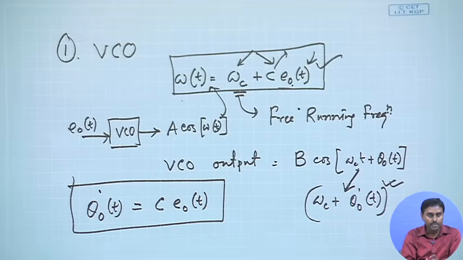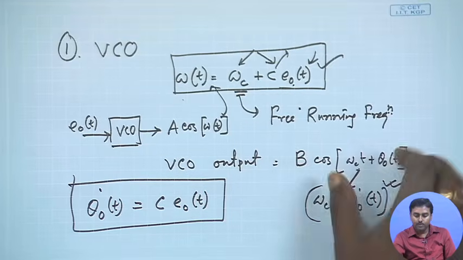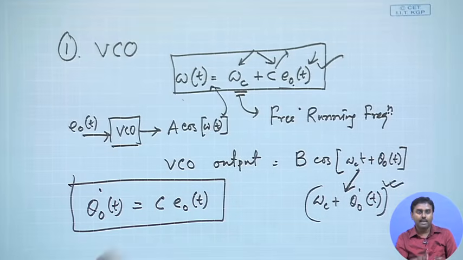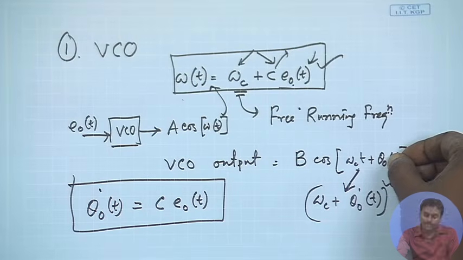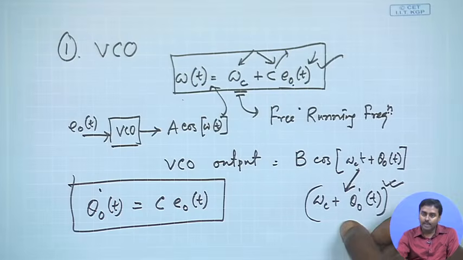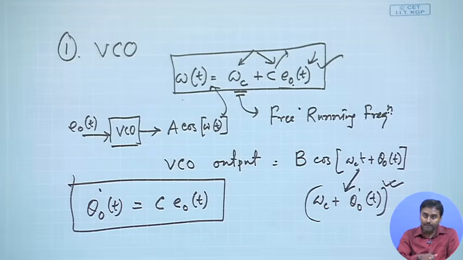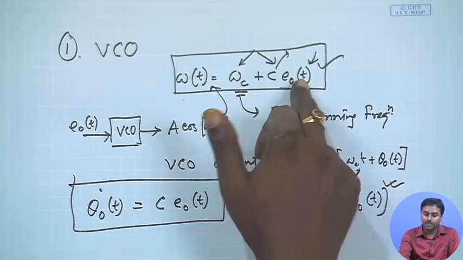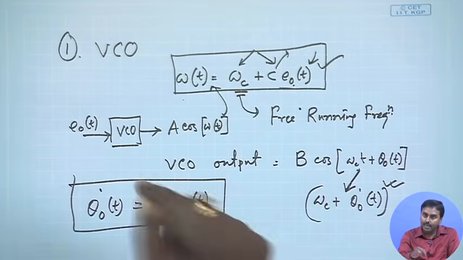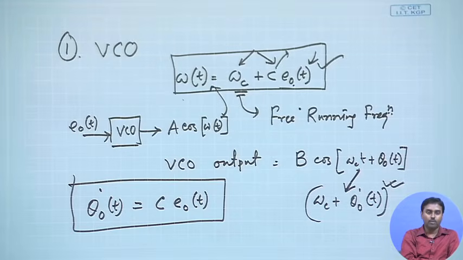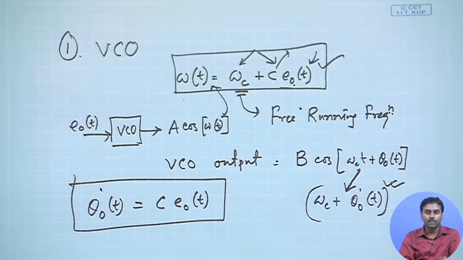When I put the VCO inside, VCO output will be this, that is my output phase, and I assume that it is running at omega c. So, this output will correspondingly have an instantaneous frequency. I calculate that, and I have also told that VCO instantaneous frequency must be this. Therefore, there must be a relationship between the output phase as well as the input voltage. That is the relationship we were targeting, and we have got this.